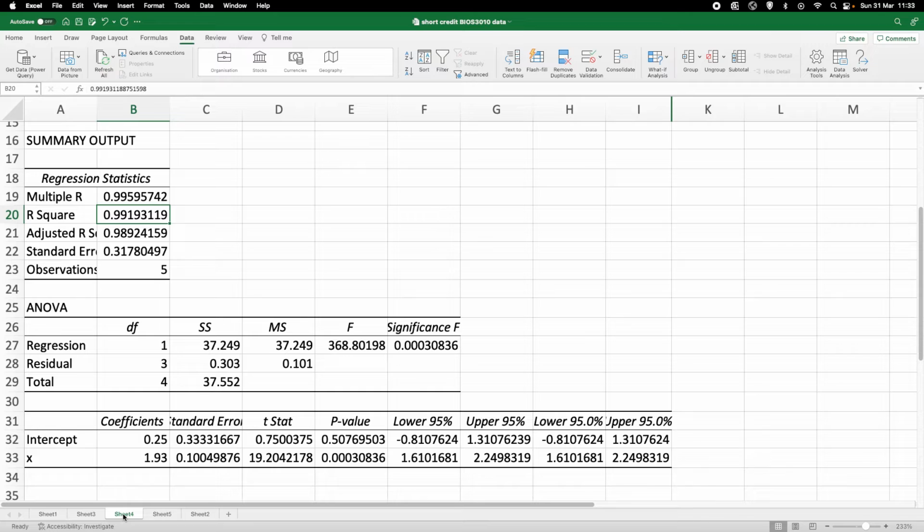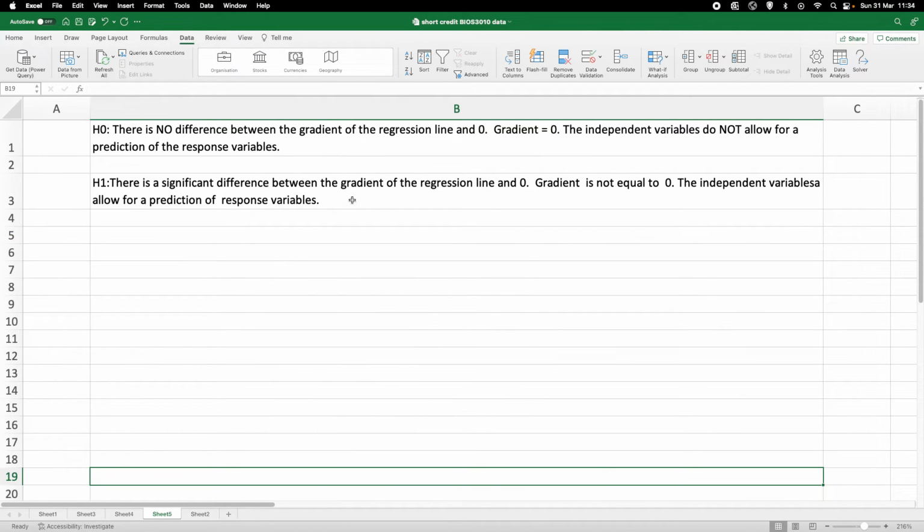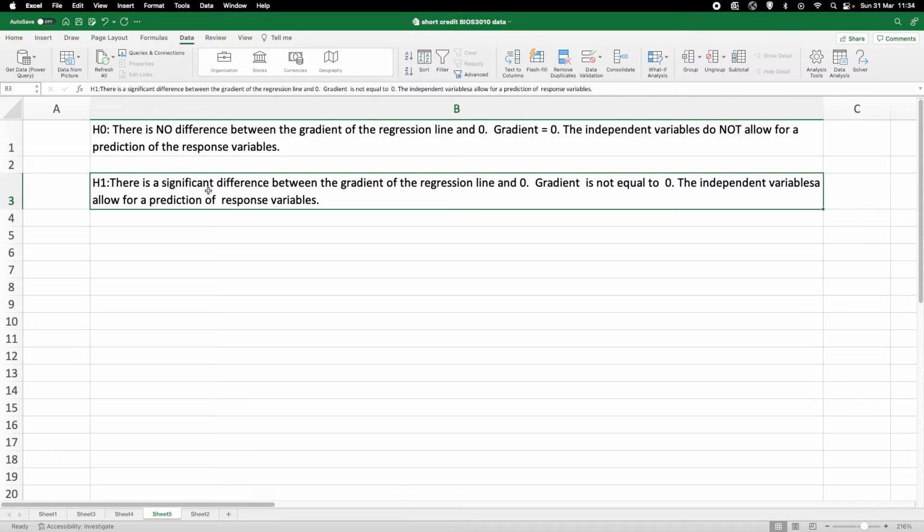P is smaller than alpha, so if P is low, H0 must go. So if we go back to our null hypothesis, we find that the p-value is much smaller than alpha, so we can reject the null hypothesis and believe in our alternative hypothesis, so that the independent variables, the predictor variables, are allowing for the prediction of the response variables.